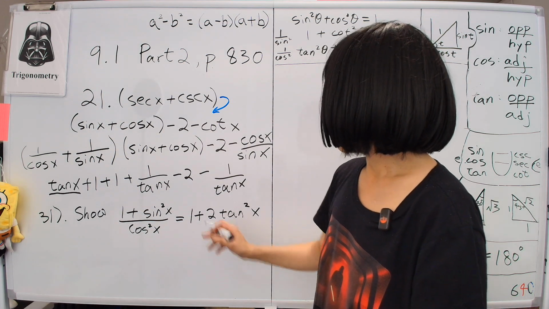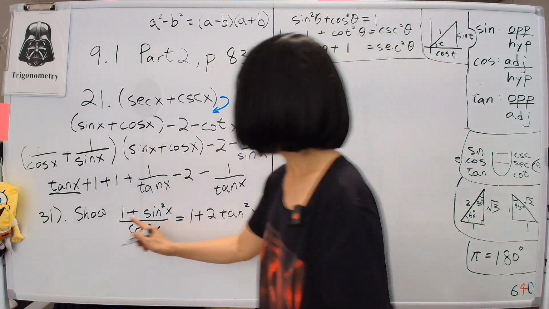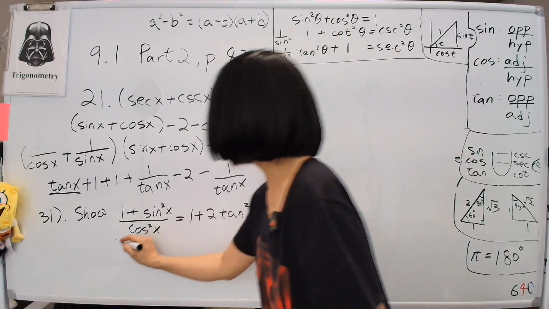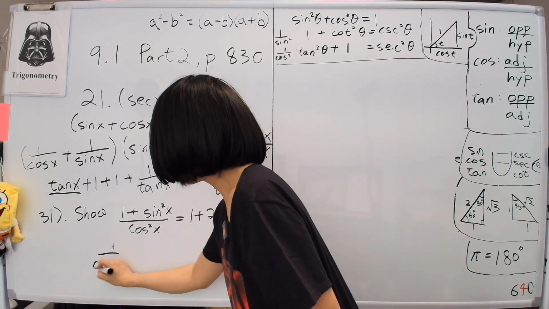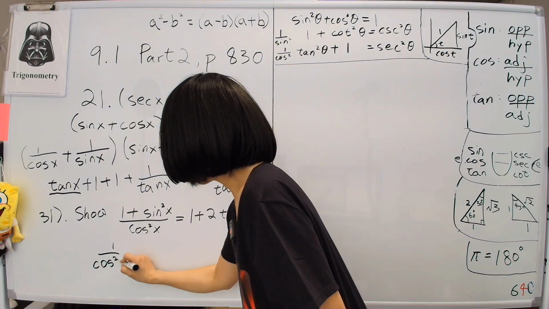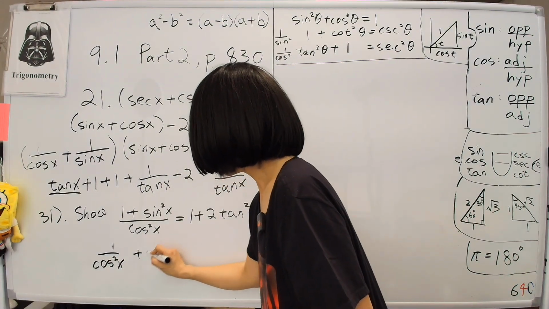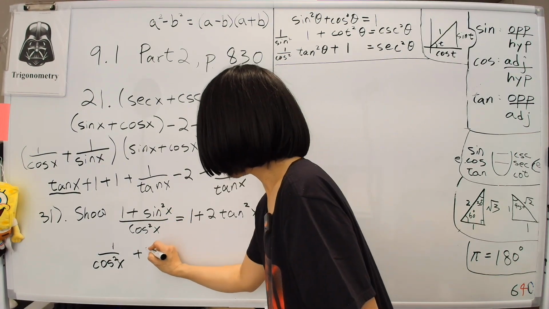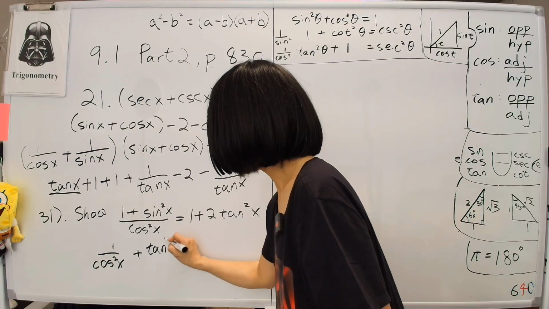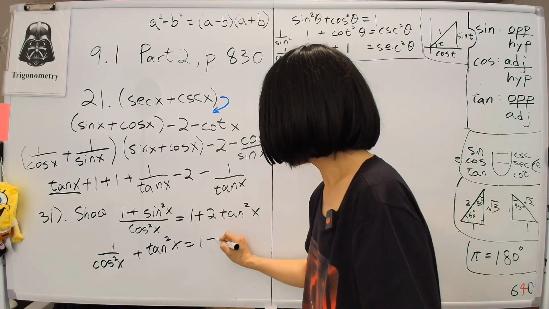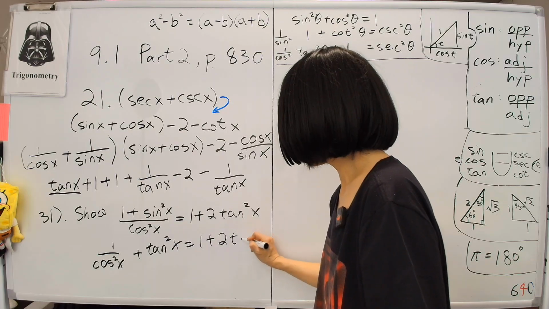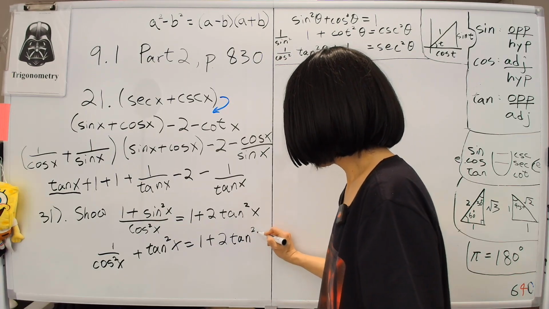Let's see. On this side, we can write it as 1 plus 1 over cosine squared x, plus sine over cosine, which will be tangent squared x. And that equals 1 plus 2 tangent squared x.